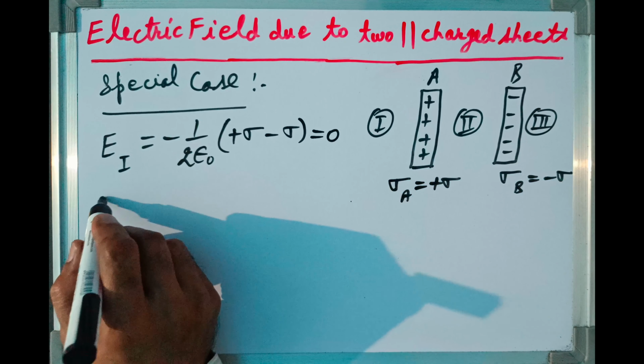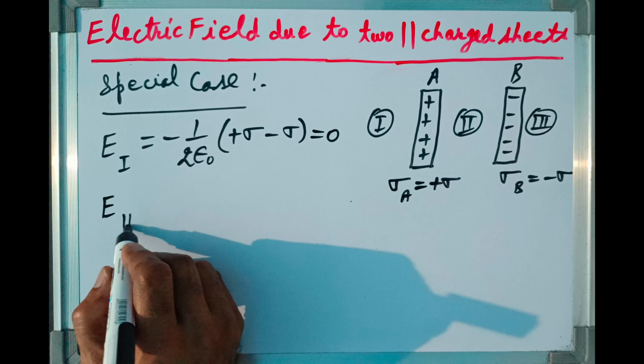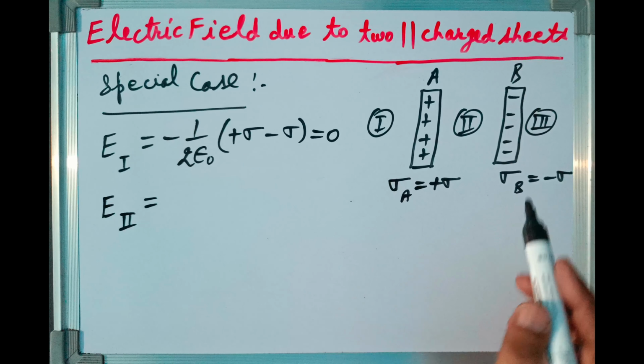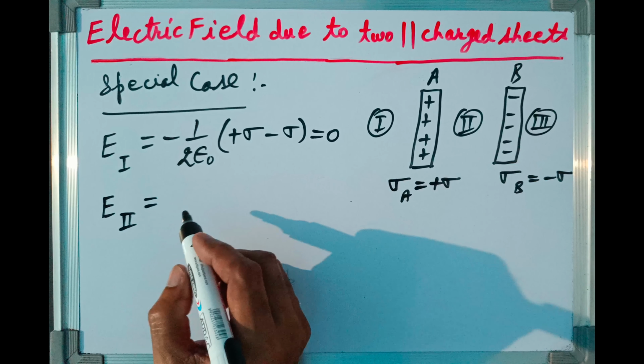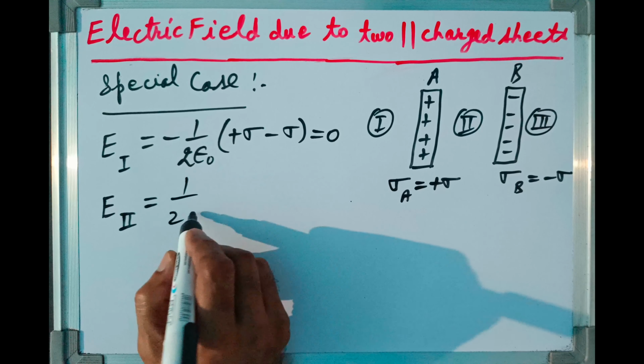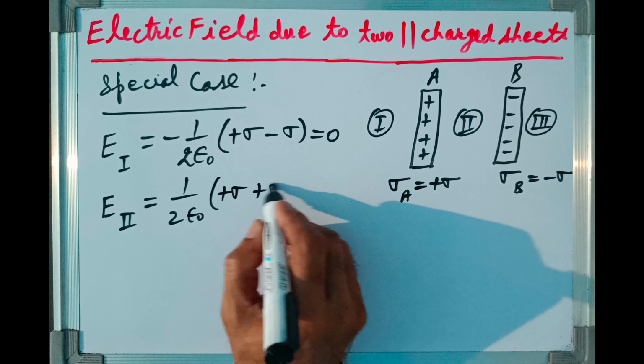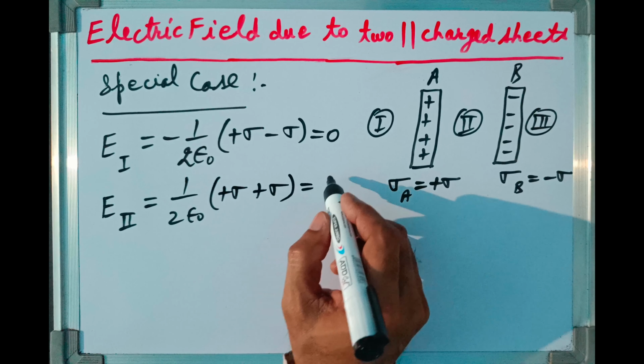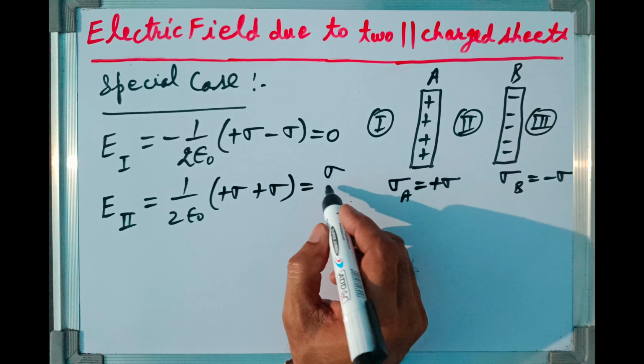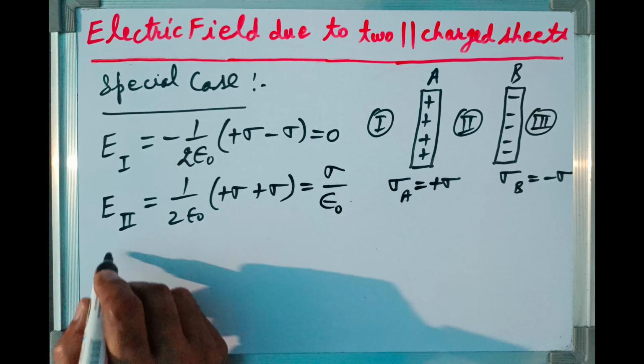Similarly, if I put the values in for electric field in the second portion, I will get 1 upon 2 epsilon naught plus sigma, answer comes out to be sigma divided by epsilon naught.